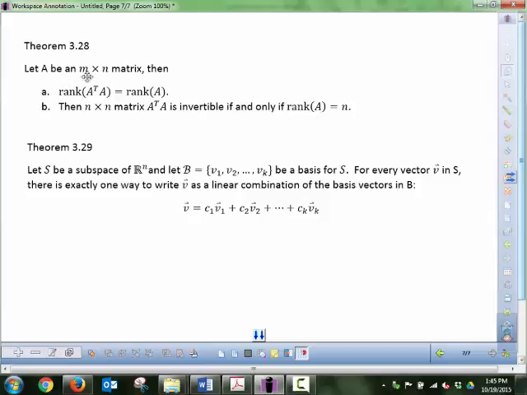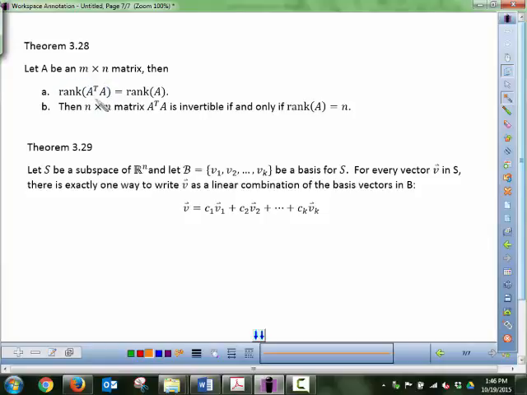Let's see. If you have an M by N matrix A, then the rank of A transpose times A is equal to the rank of A. It turns out that this product is an N by N matrix, right?